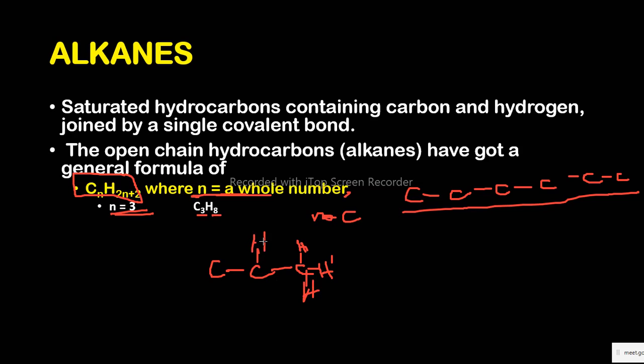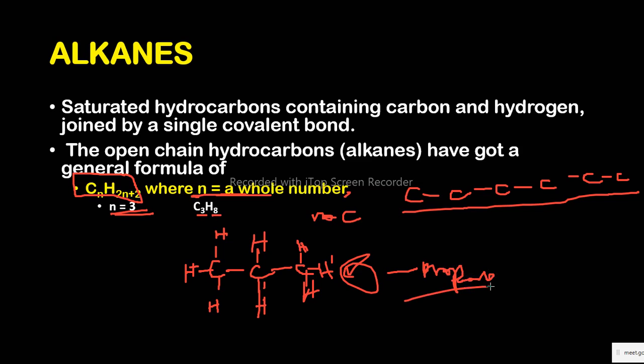The concept is: carbon has a maximum of 4 bonds. It doesn't go below 4, it doesn't go above 4, but 4 bonds. And this is an alkane. We are going to talk about nomenclature of alkanes. So this is propane.